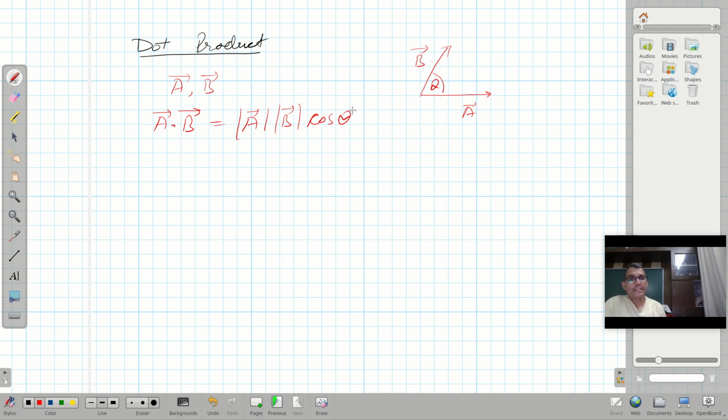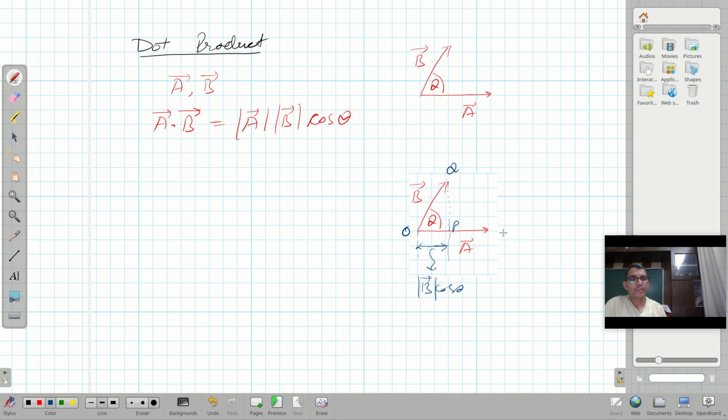This is the mathematical definition. There is another way to look at it. Say if I draw a perpendicular from B vector to A vector, then this distance is basically B cos theta, because the magnitude of B vector is this one, B, and this is B cos theta.